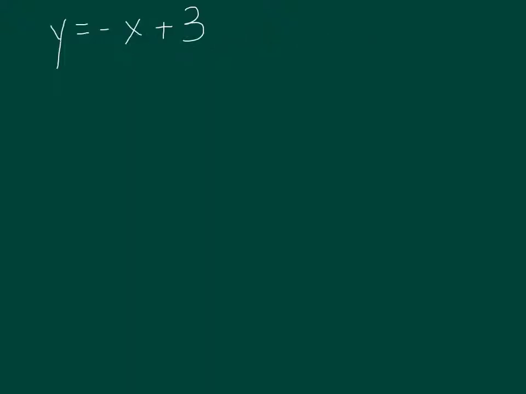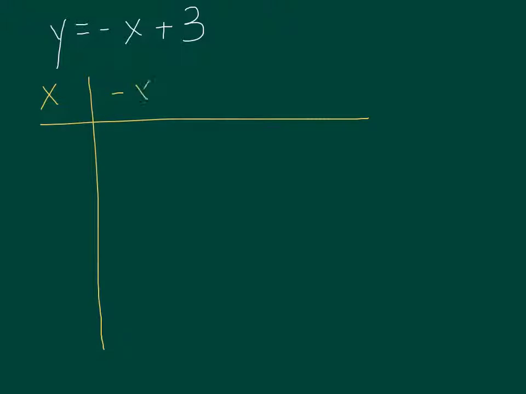Alright, so what do you do if you're given an equation but you don't have your calculator? This is why we need to know how to plot a graph just by plotting points. So, make a table. There's your x, which you would plug into negative x plus 3, from which you get a y.